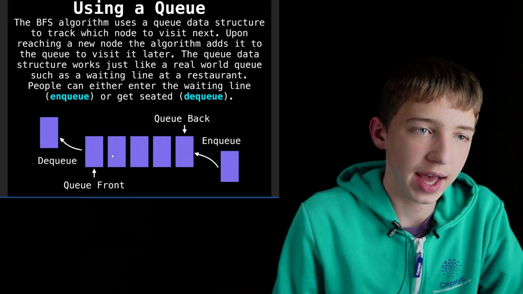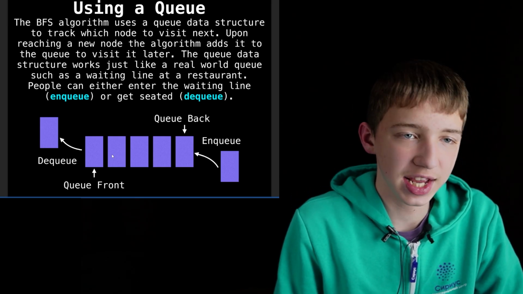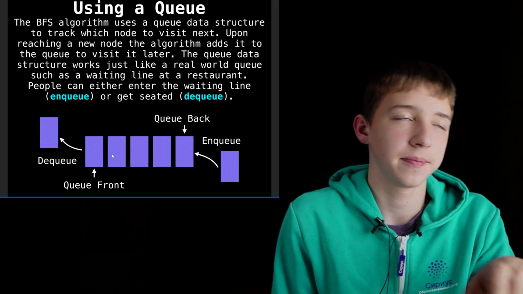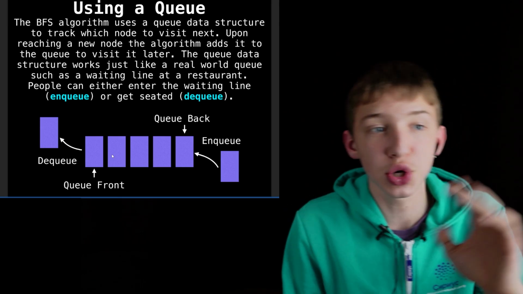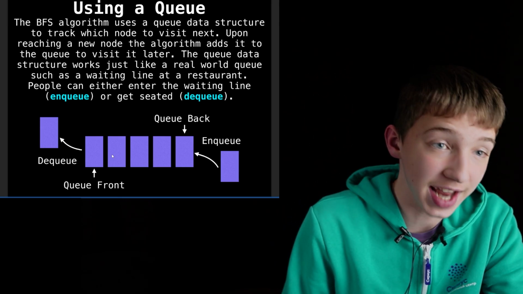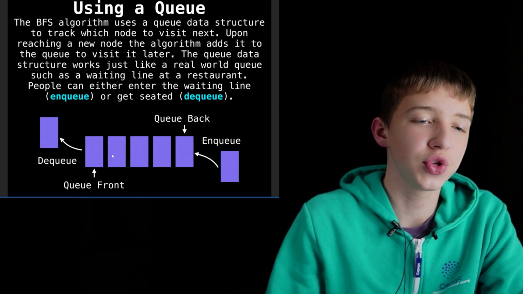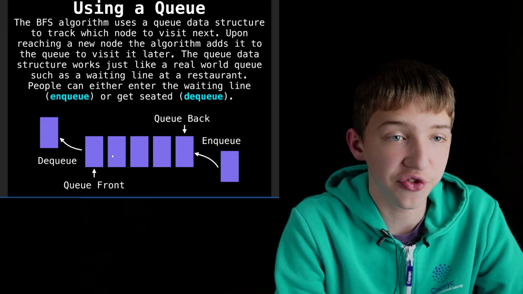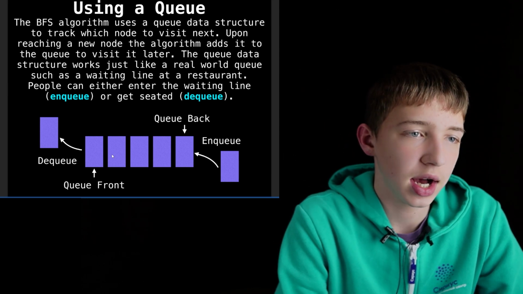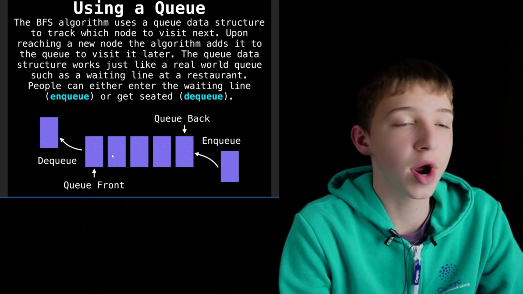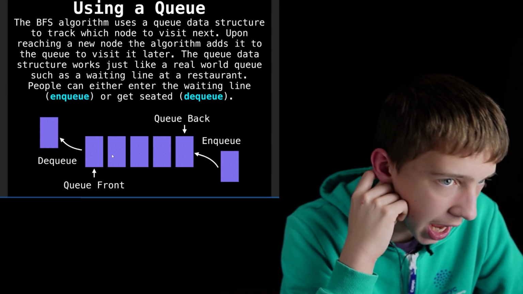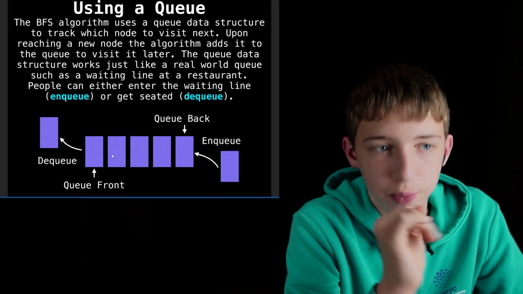This data structure is what we are using to track which node we want to visit next. So we're adding to the end of the queue, to the back of the queue. We're enqueuing an element, and we're dequeuing from the front of the queue.